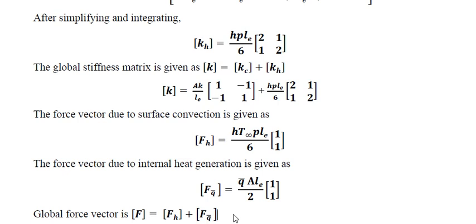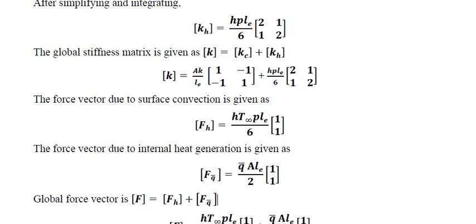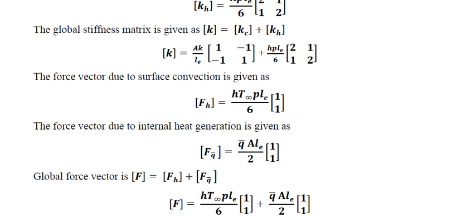So what do we understand from this? Force vector is different for surface convection, and force vector is different for internal heat generation. So the global force vector here, for this case, we have considered surface convection plus internal heat generation.